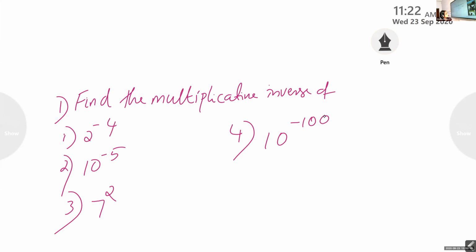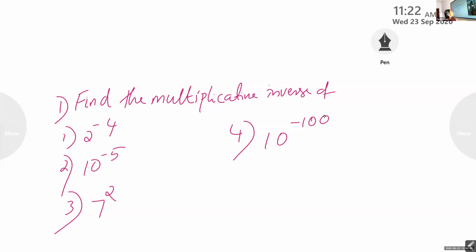Multiplicative inverse means it is the reciprocal. Yes, Advaita, reciprocal. So to get the multiplicative inverse, when we are dealing with powers, you just change the sign of the exponent. When you change the sign of the exponent, you will get its multiplicative inverse.